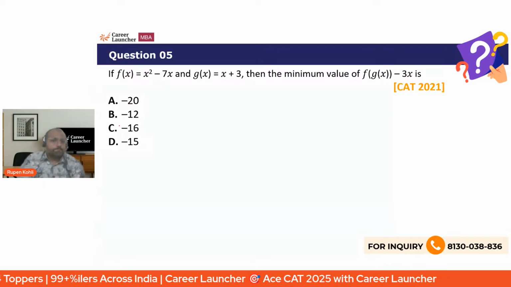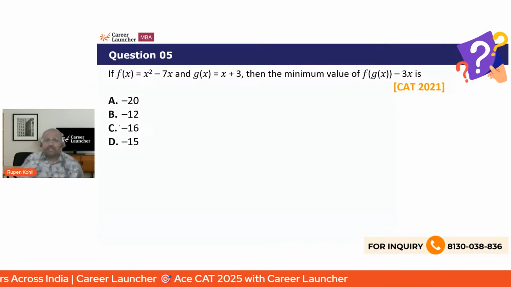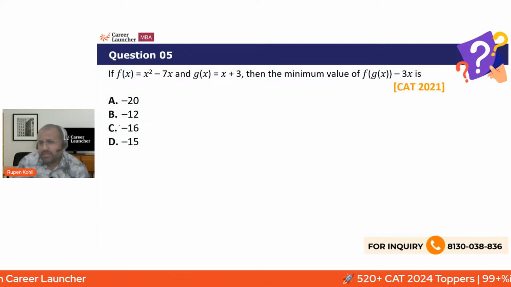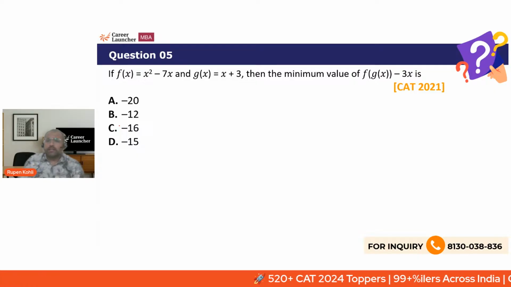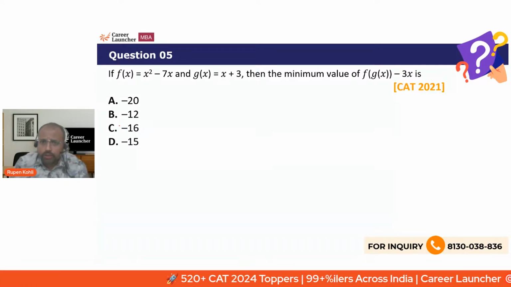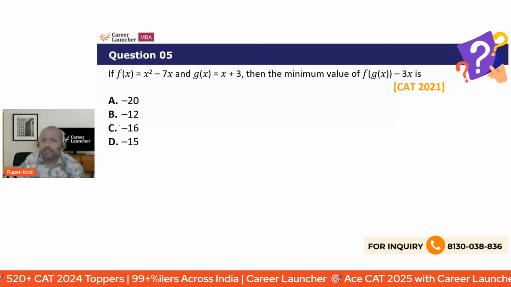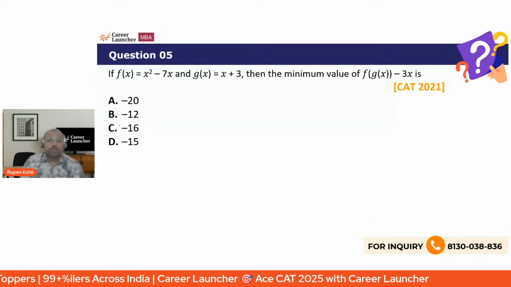f(x) is x square minus 7x, g(x) is x plus 3. Then what is the minimum value of f of g(x) minus 3x? Okay, go for this, right? All of us know what is composite functions f of g(x). We have just done that in some of the previous questions also, right?